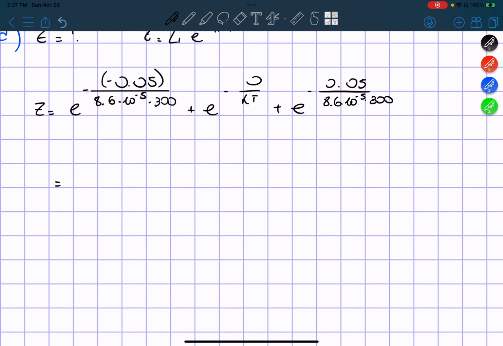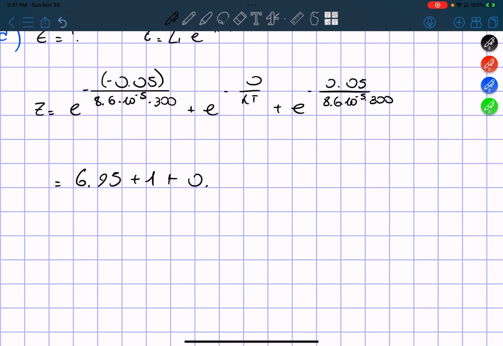So here we just plug into our calculator and we get e to the power of 0.05 divided by 8.6 times 10 to the power of negative 5 times 300, which is 6.95, plus 1 plus the same e with a negative exponent.